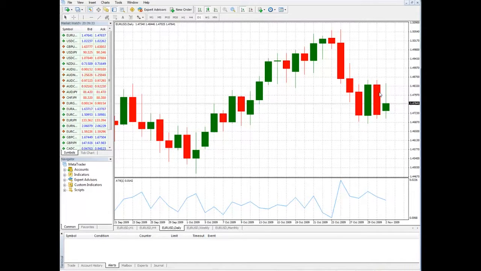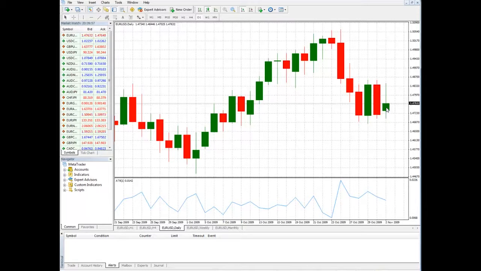So this bar right here in particular would be an inside bar. The bar today on my chart is looking like an inside bar so far, but the day's not over yet, so it can go either way.